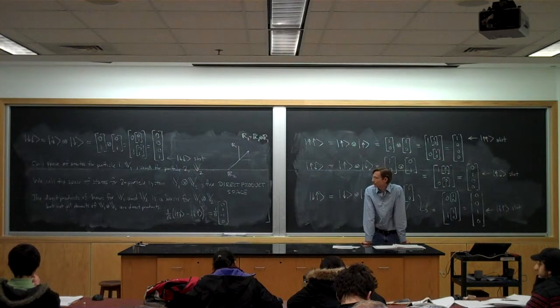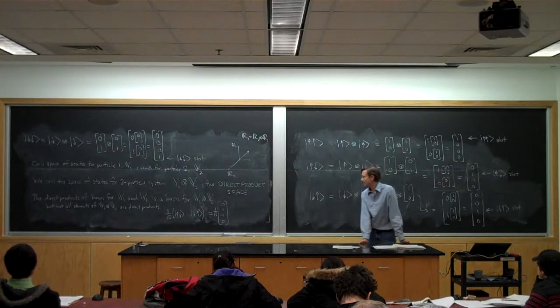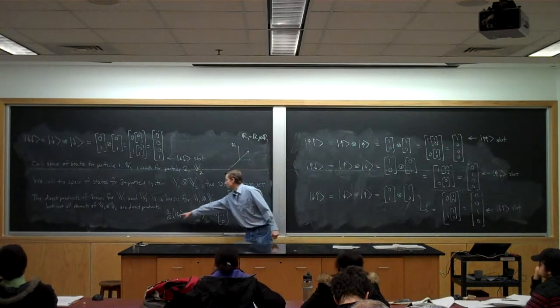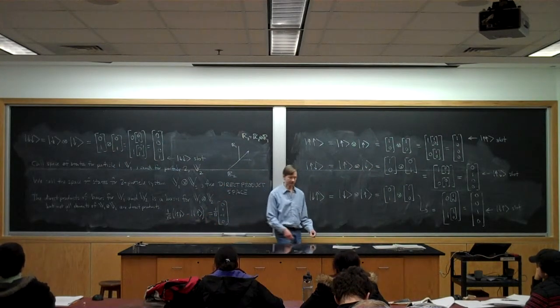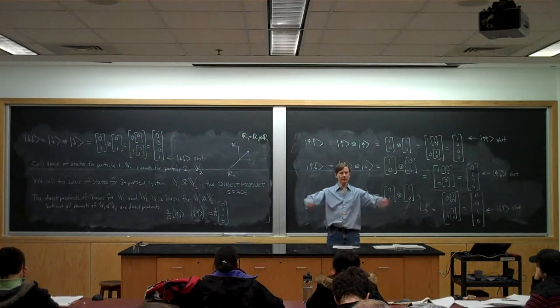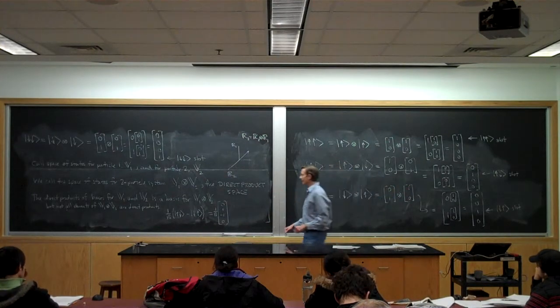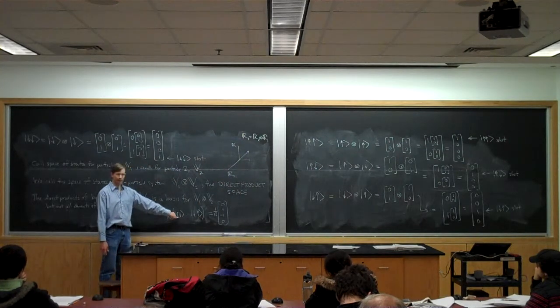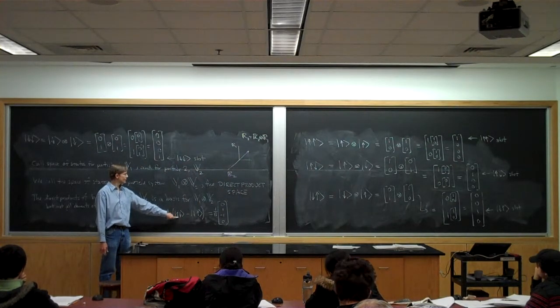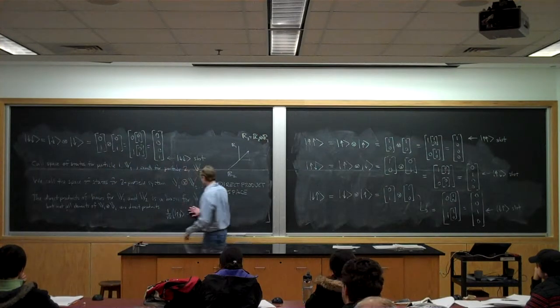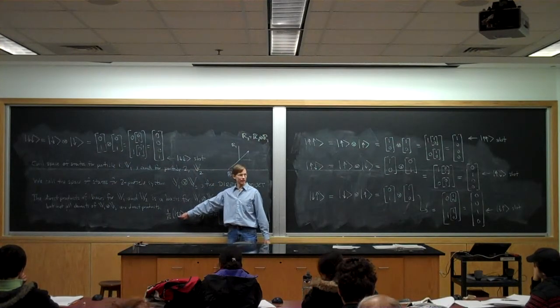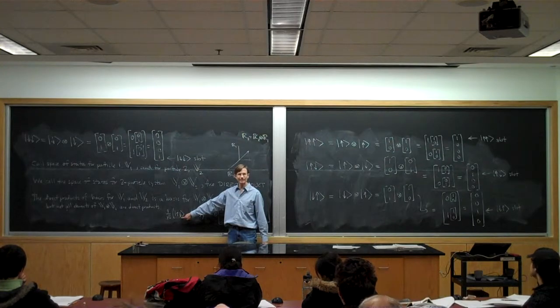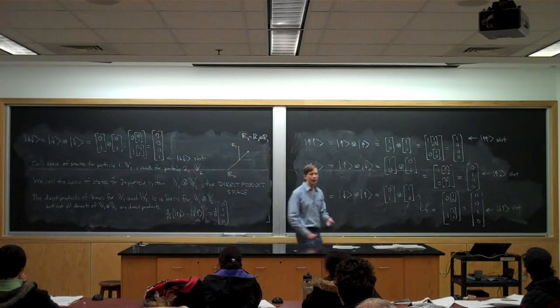Entangled states are important in the Bell inequality because the idea is if I have 2 electrons in the singlet state, they can separate for light years. And if I measure the spin of one of them and I get up, that collapses the wave function so that this piece goes away, and if I measure up for one of the electrons, the other electron has to be down if I measure its spin, even if they're light years apart.